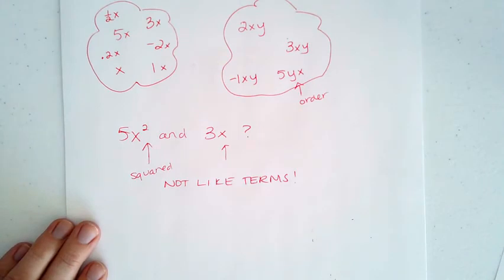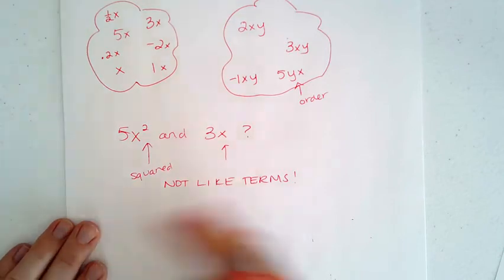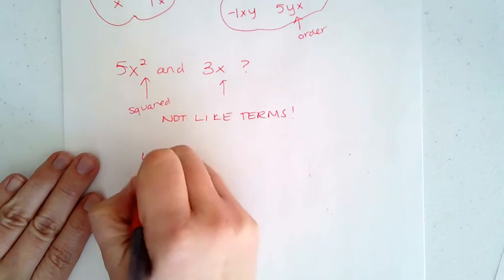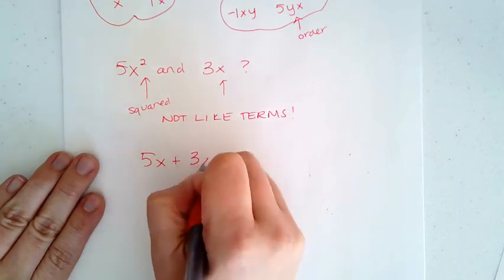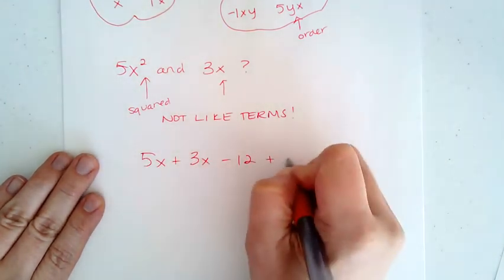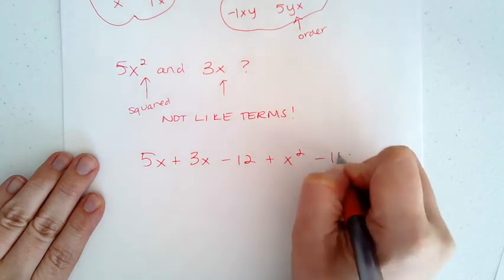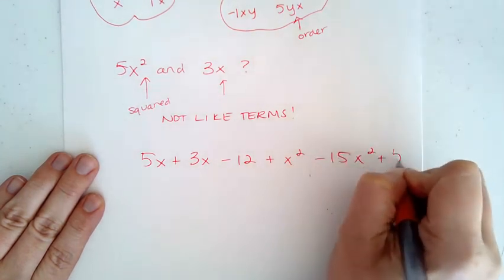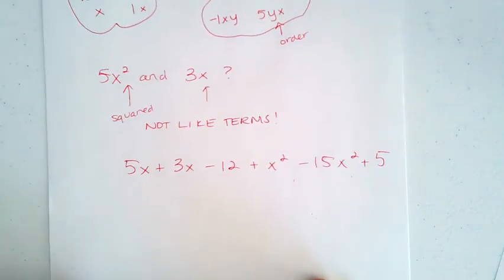Practice combining like terms and ordering them, getting everything grouped up into like terms. Imagine taking all the terms that might be there. For example, 5x plus 3x minus 12 plus x squared minus 15x squared plus 5. Well, geez, that's a lot.